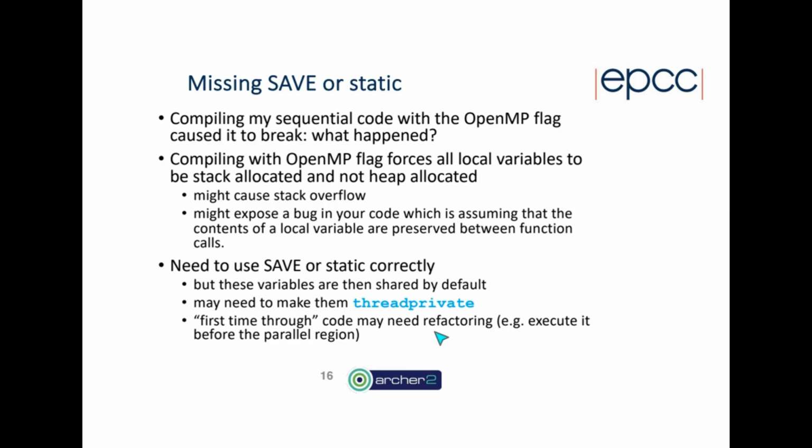So for things like that you might need to think quite carefully, particularly if the first time through is going to happen inside a parallel region. Then what does that even mean? Does that actually make any sense? Do you want all the threads to execute it, or do you want one thread to execute it and not the others? So you might need to think rather carefully about what happens to that sort of pattern.